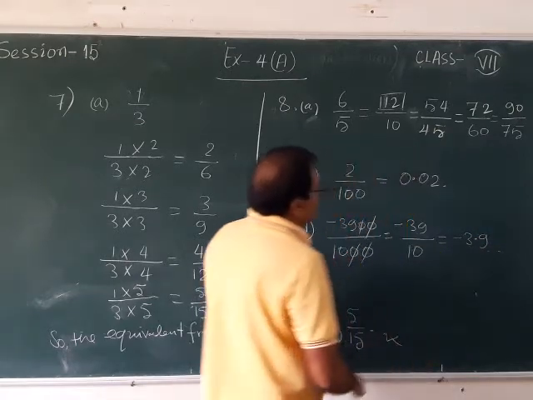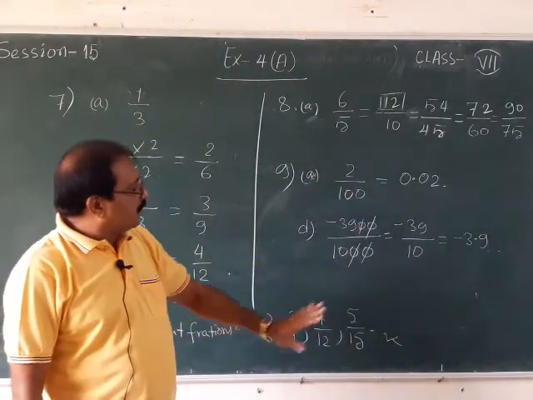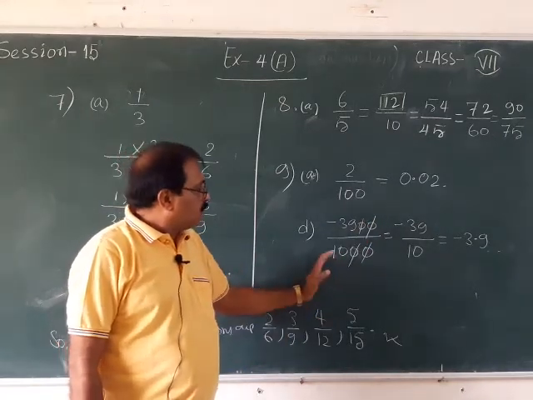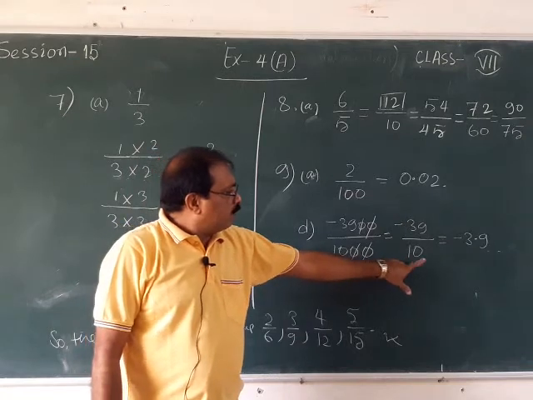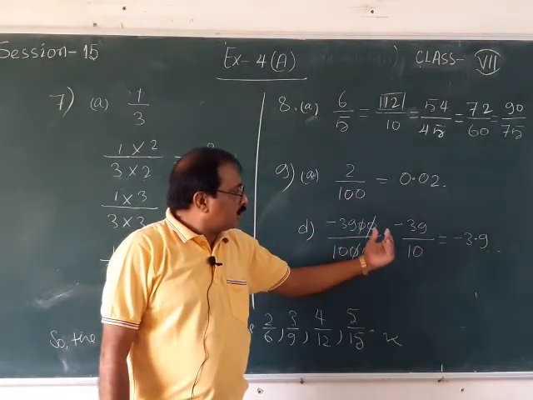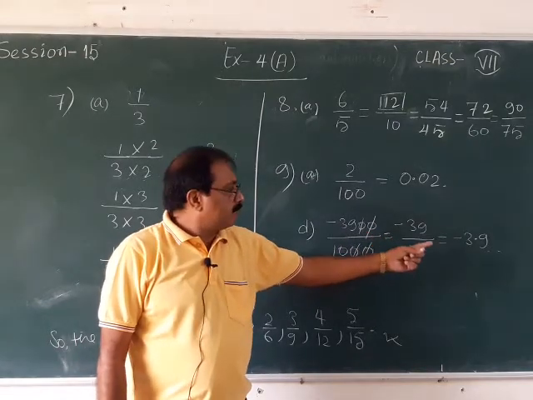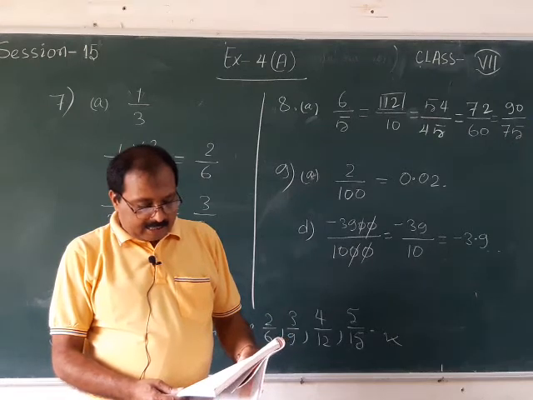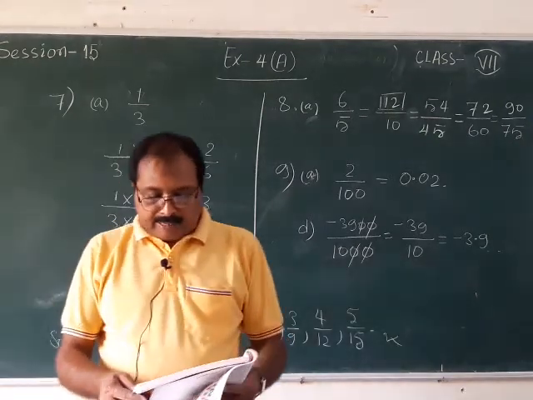That will be the answer. So you can see, if you can cancel the zeros, you can cancel them. If you are having 1 upon 10, then very easily the decimal is shifted just one place from right to left side, which means minus 3.9 you will be getting here. Like that you can do question number 9.